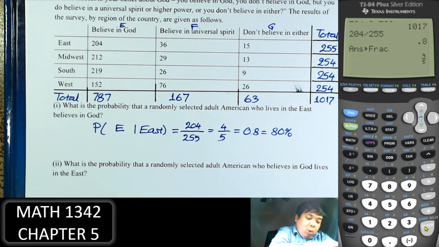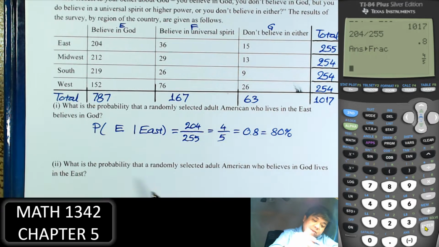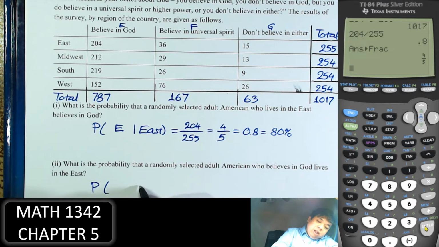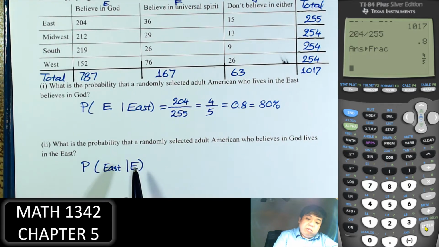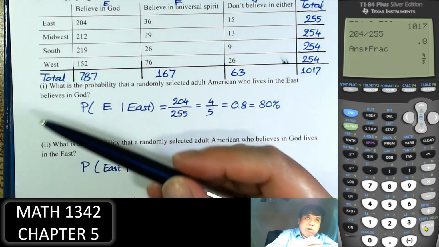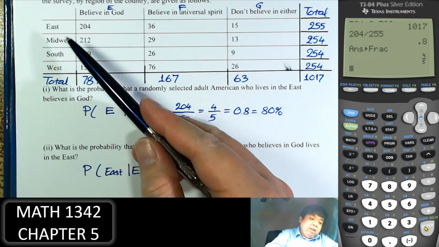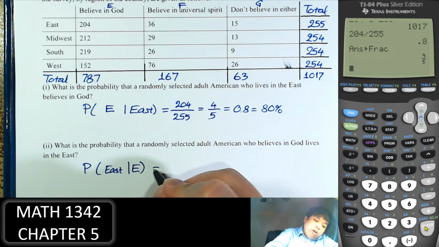Next, what is the probability that a randomly selected American who believes in God lives in the East? The total is 787, and who live in the East. So that person believes in God, so has to be one of those 787, and lives in the East, there are 204.